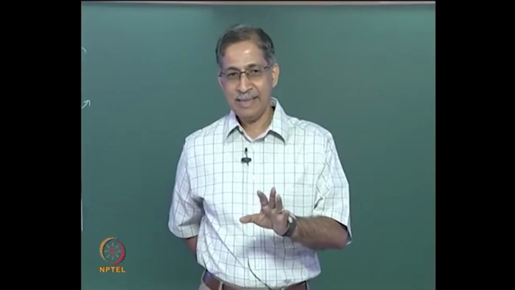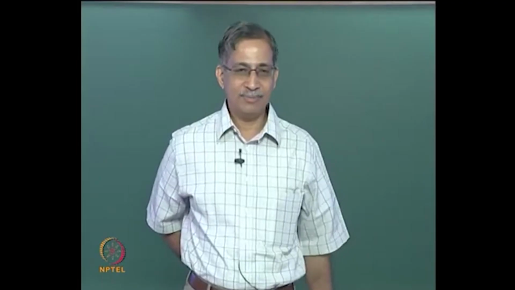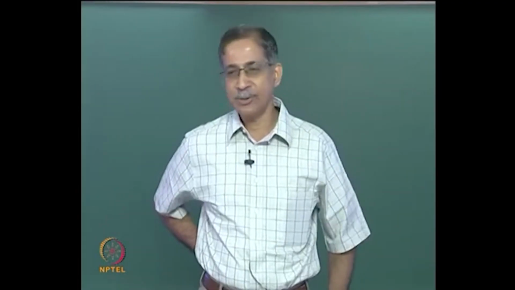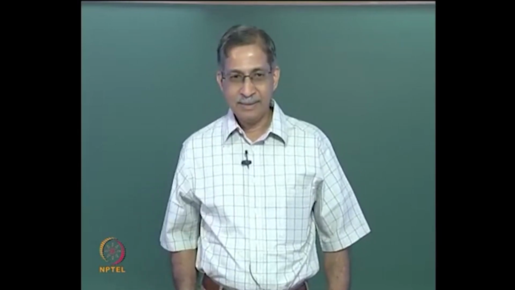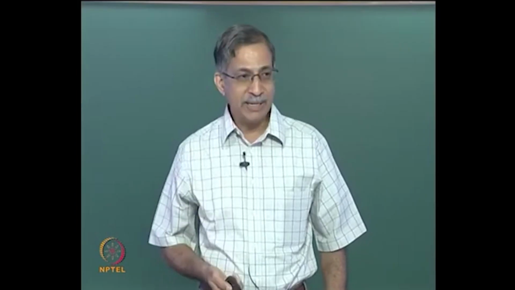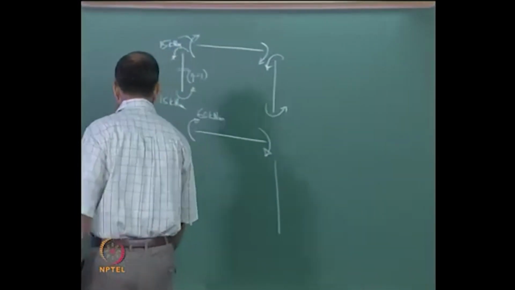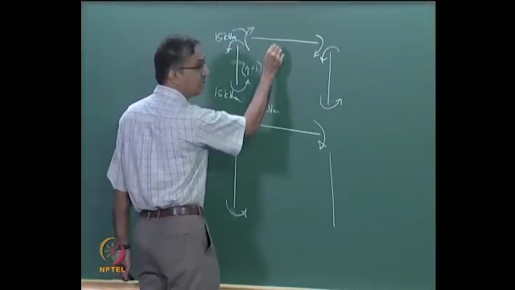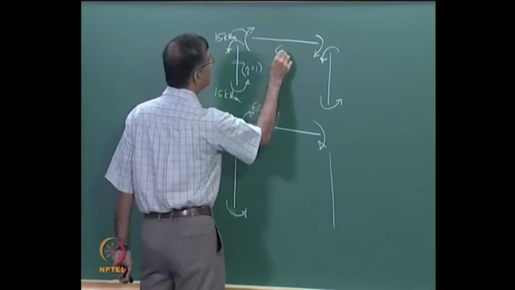Now, let us ask a question, how do you calculate the drift in this frame, because people would like to know how much the building will move on the top. You can also get the interstory drift. How do you do that? Okay, you can also get the beam shear. How do you get the beam shear? Well, if this is 15 and this is 15 and the span is how much? 6 meters.